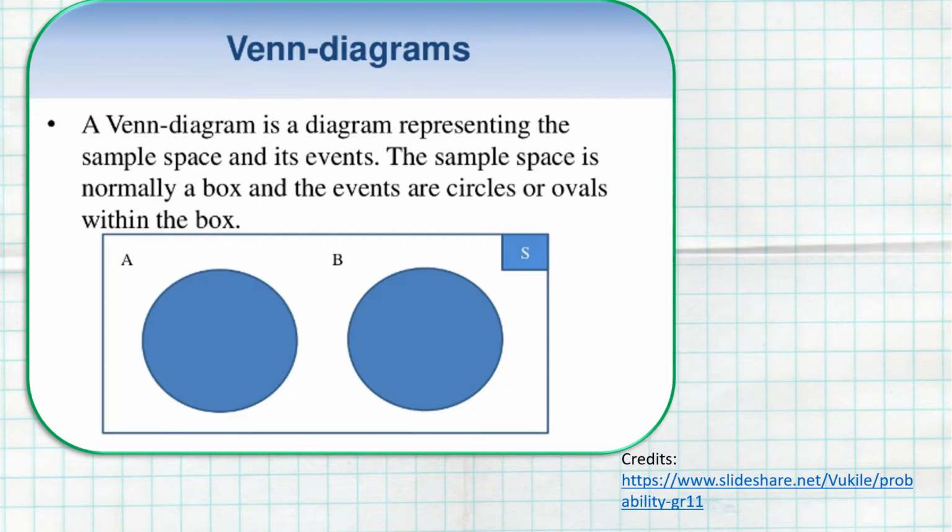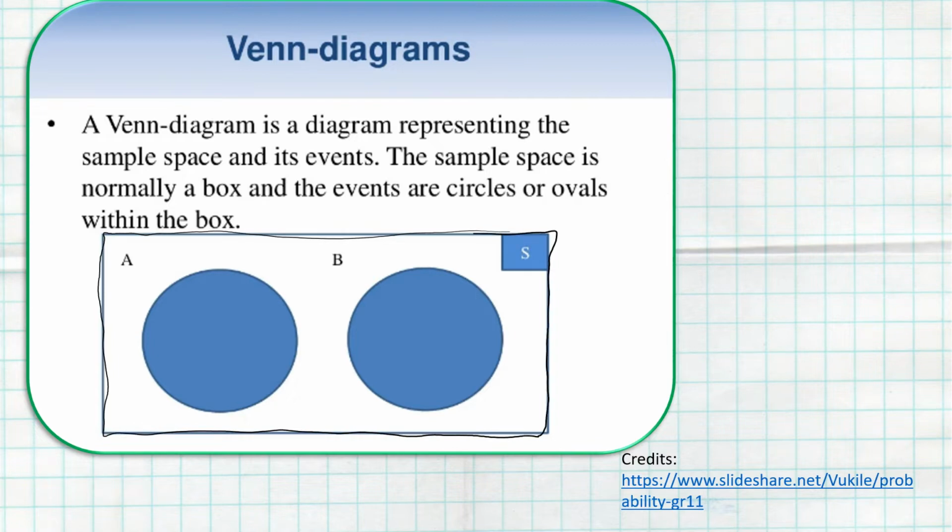So what is a Venn diagram? A Venn diagram is a diagram that represents a sample space, and in that sample space we have events. For example, this four-corner shape here shows you the sample space.